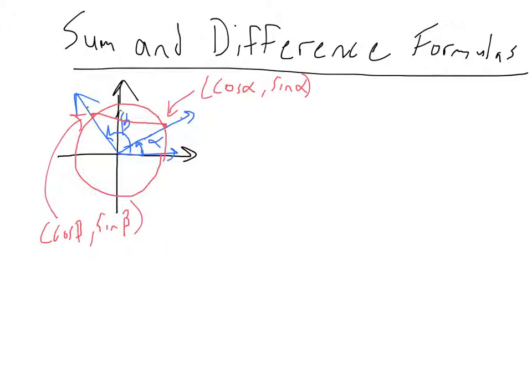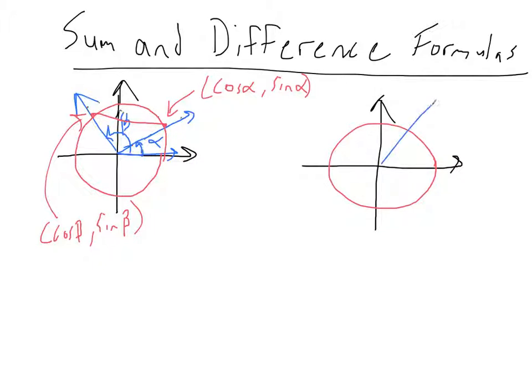Now I'm going to draw another set of coordinates in my unit circle. Instead of drawing two separate angles, alpha and beta, I'm going to draw one angle that's going to have the magnitude of alpha minus beta.